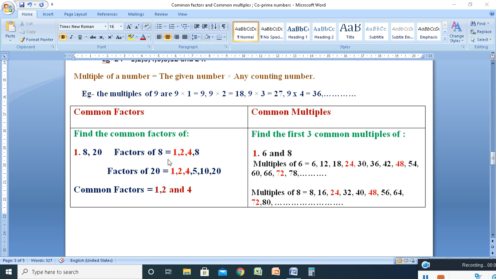So you have to mention the factors for the numbers and then find which numbers are common. Here 1, 2, 4 appear in both numbers. So the common factors of 8 and 20 are 1, 2 and 4.